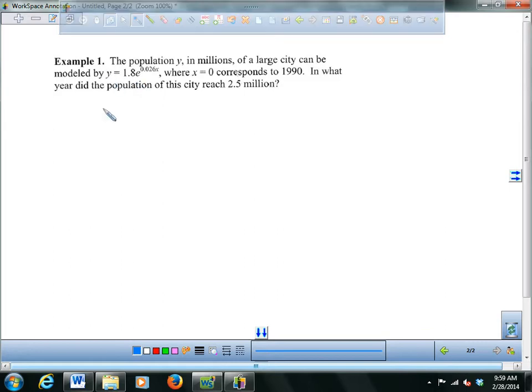So all you have to do is plug in 2.5 over here, right? So 2.5 equals 1.8 e raised to the 0.026x, and then you just have to solve that for x. To solve that for x, what would I do first? Divide by 1.8, very good. So 2.5 divided by 1.8 equals e raised to the 0.026x. Then how do I get rid of that e?